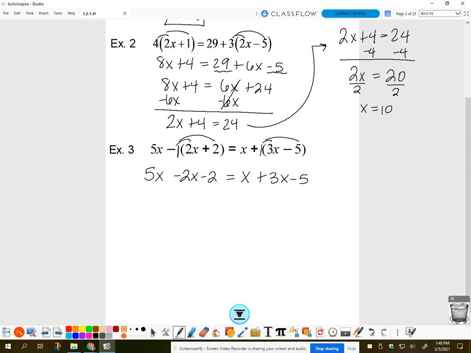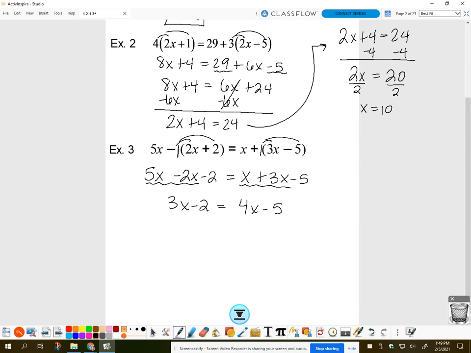So on the left side, we have some x's we can combine. On the right side, we also have some x's that we can combine. Now you want to get your x's on the same side. Y'all tend to like your x's to be on this side, and that's fine, so you can subtract 4x. I prefer to not give myself an extra step.